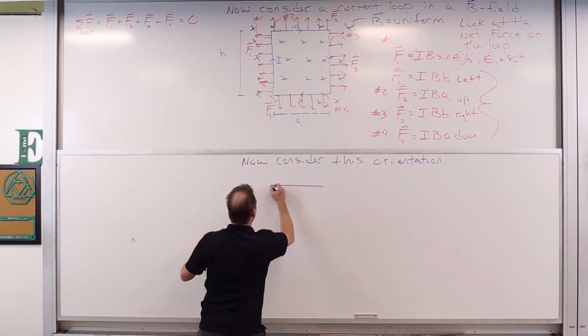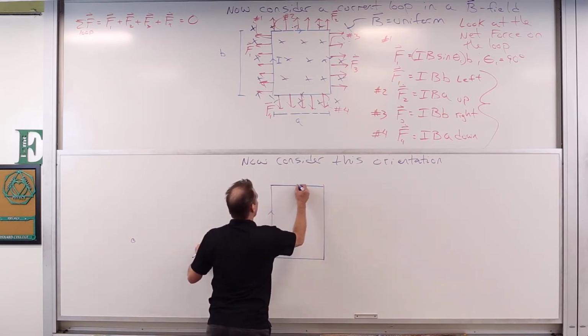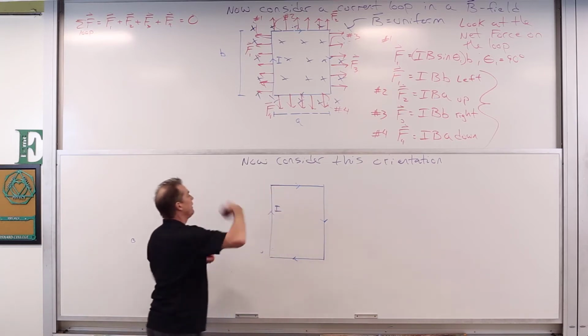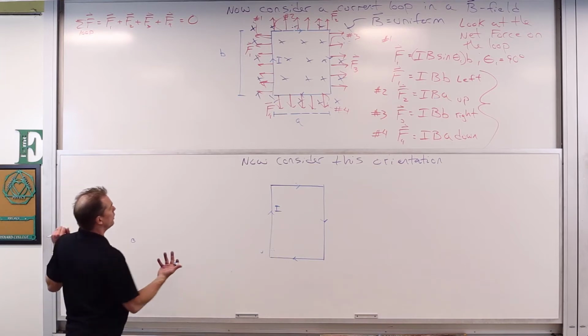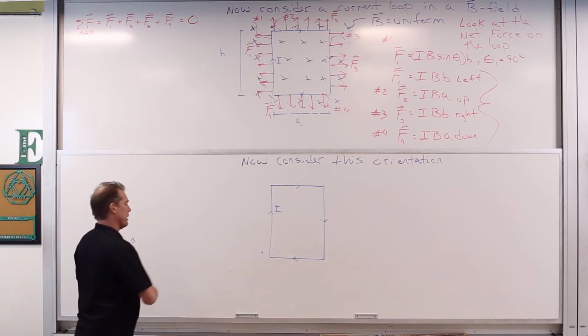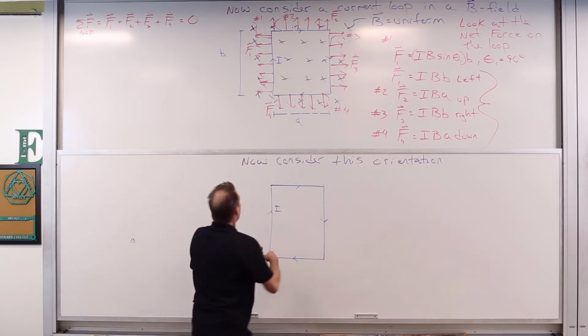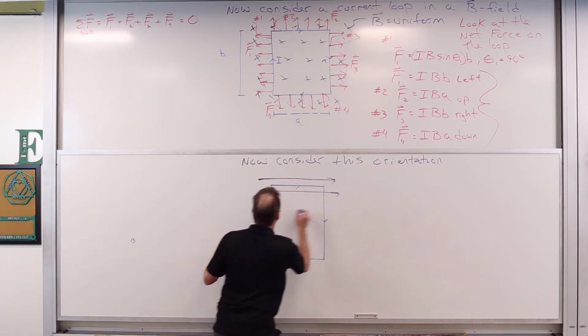Take our loop here. The current's still going around, there's our I, still going clockwise. But in essence, I am going to rotate the magnetic field by 90 degrees. It was pointing into the board, and I'm going to make it point that way. So now we've got a uniform magnetic field that's going like this.